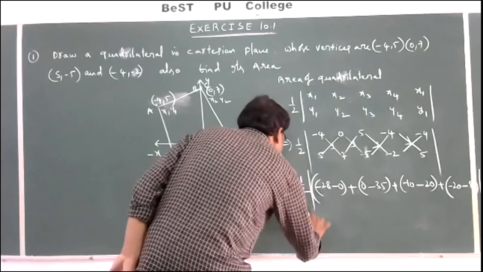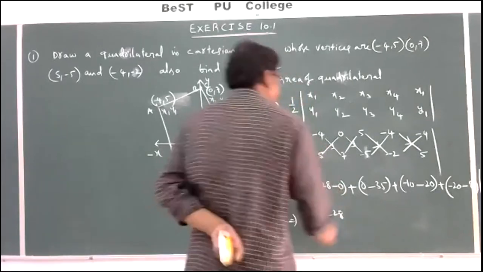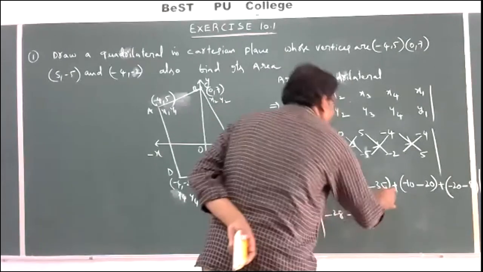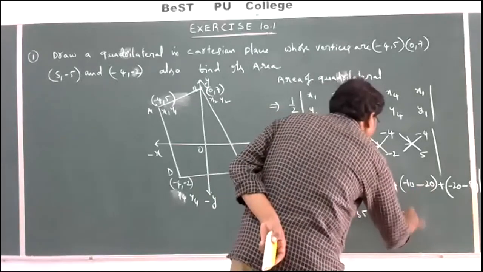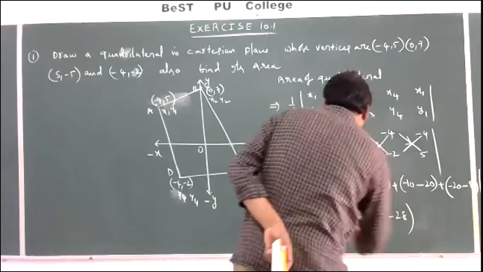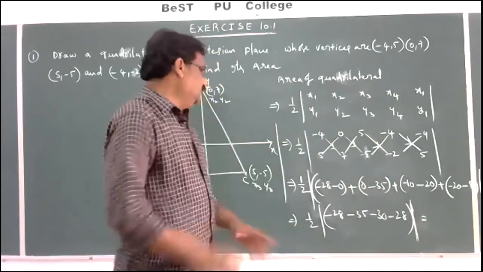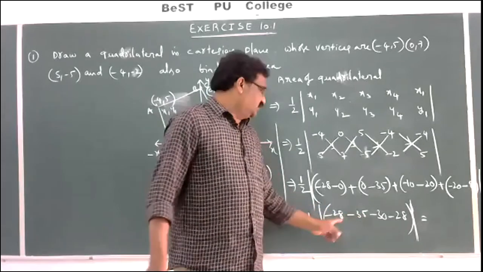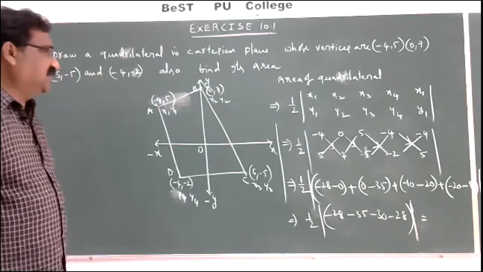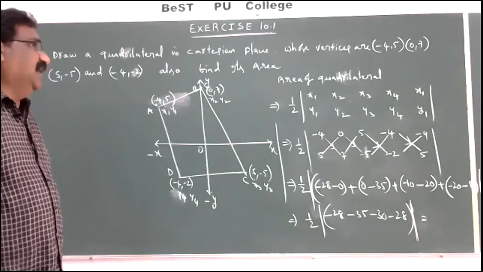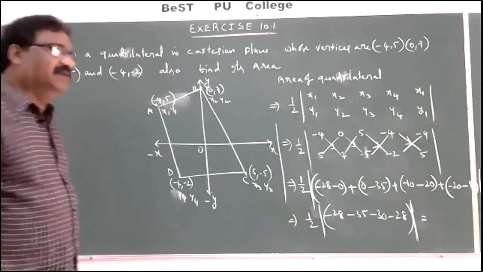So that implies one by two mod of minus 28 minus 35, and so on. So what is the value? 28, 56, 56 plus 30, 86, 86 plus 35, 121.